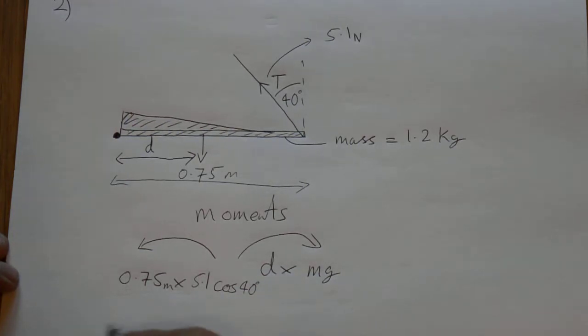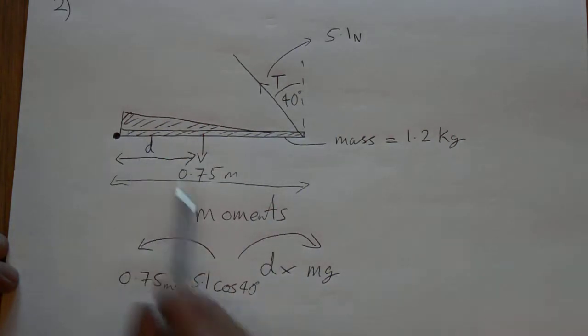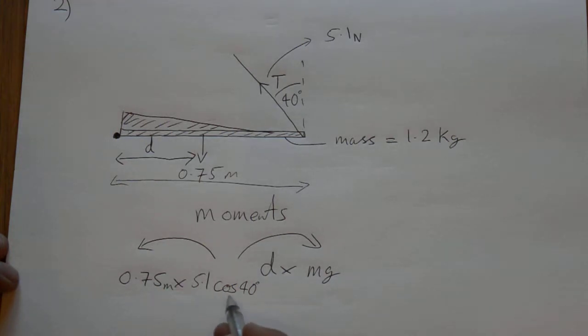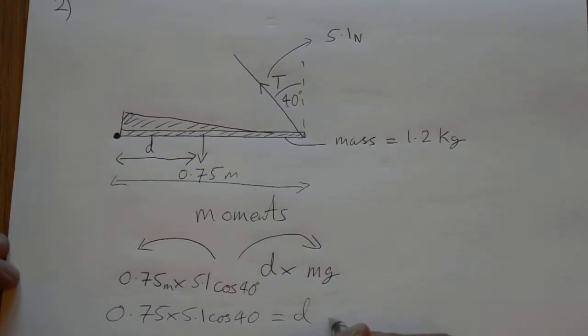So let's put this out. What are we trying to find? We're trying to find the length d. So we have 0.75 times 5.1 cos 40 is equal to d times, let's put that in, 1.2 times 9.81.